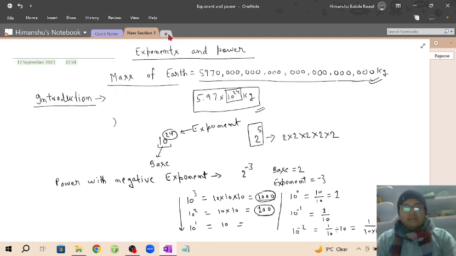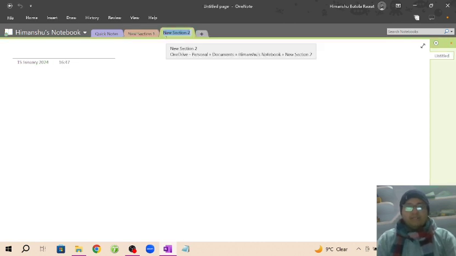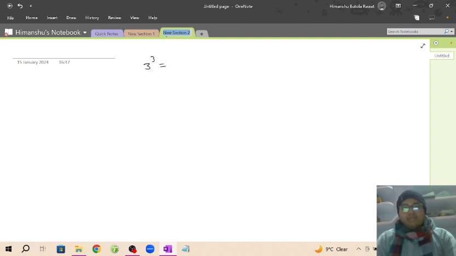Let's understand with another example. Let's say 3 to the power 3. We can write this as 3 multiplied 3 times, and 3 times 3 is 9, 9 times 3 is 27. This gives you 27, you know very well. Suppose I decrease the exponent, 3 to the power 2. You can write this as 3 into 3, which gives you 9.